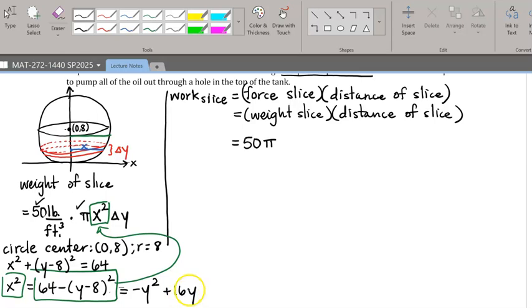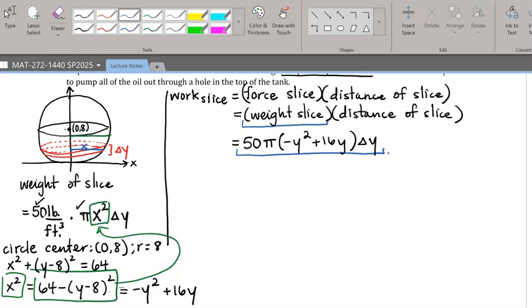I encourage you to go through that algebra. And we still have the delta y on the end. So all of this here is just our expression for the weight of the slice.